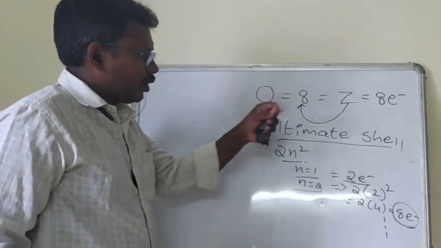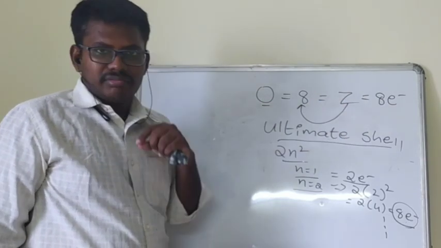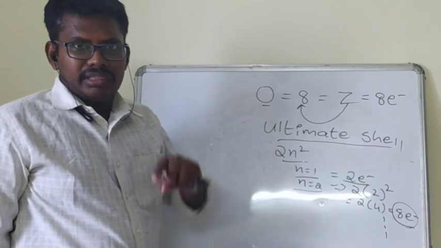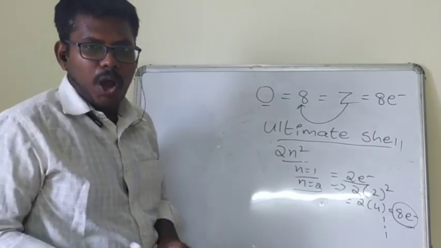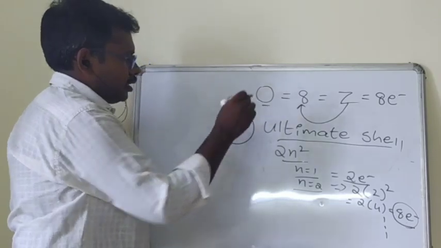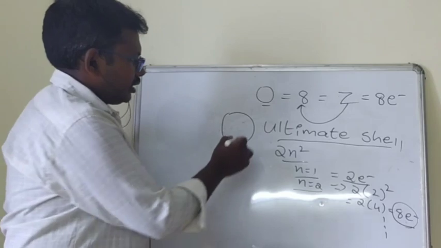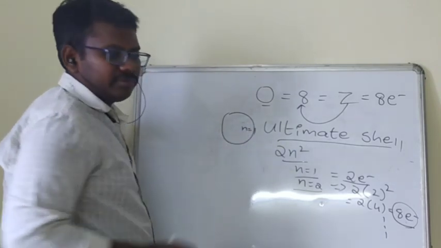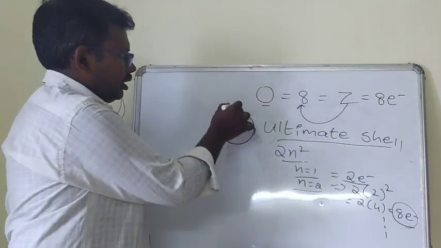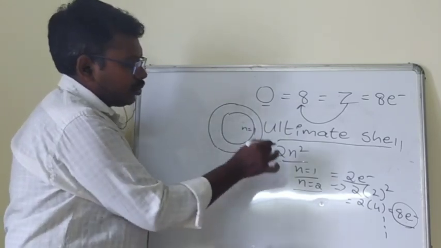Now coming to oxygen, I want to arrange the 8 electrons of oxygen in the orbits. How will I arrange? The shape of the orbit is circular. This is the first orbit, so n value 1. Now the second orbit, n value 2.